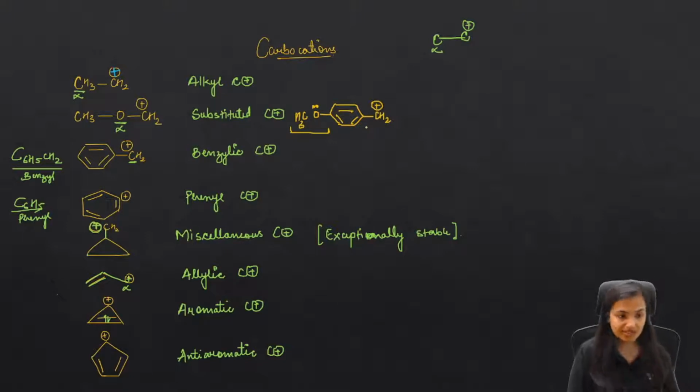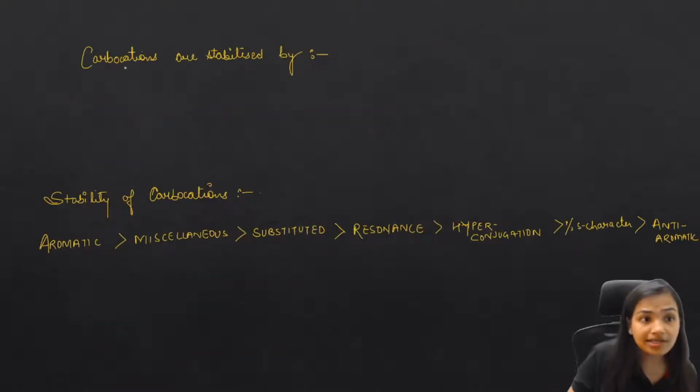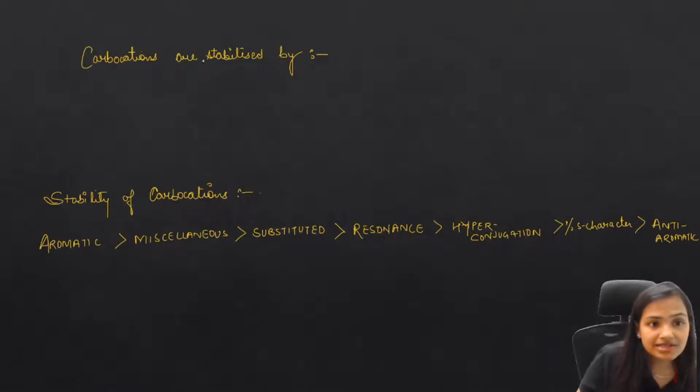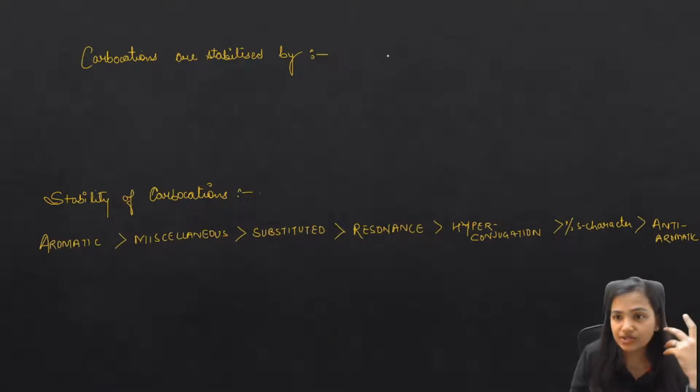Now the question is, we understood what we can call them. Now how do we understand what will be the stabilizing factor? Carbocations usually get stabilized by three things.